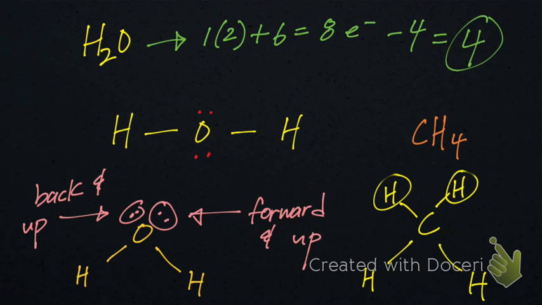So when they're talking about bond angle, it looks like this might be 90 degrees, 90, 90, and 90 degrees, because it's 360. But that's because CH4 is on a flat 2D surface right now. If you shoot the CH4 out into a 3D world, it's not 90.